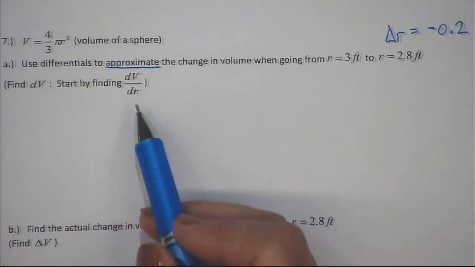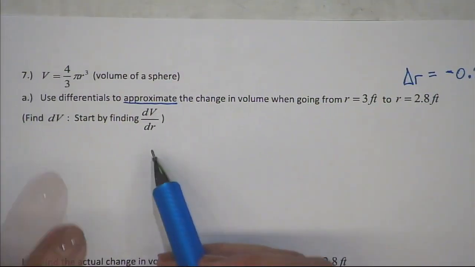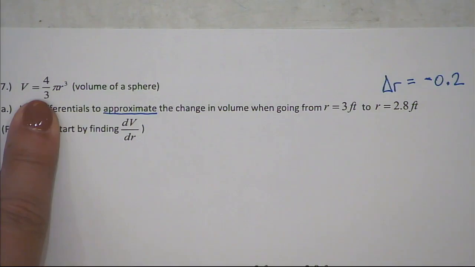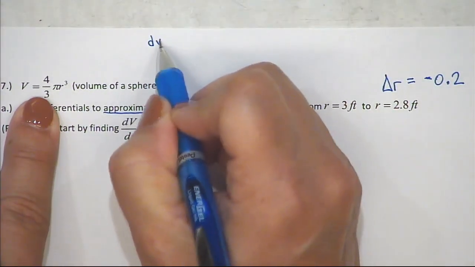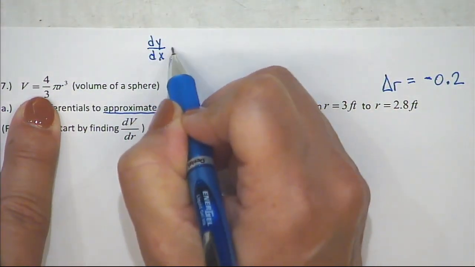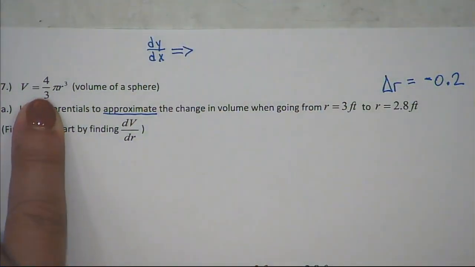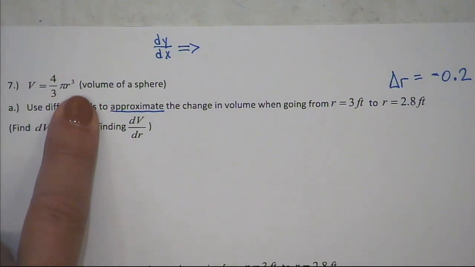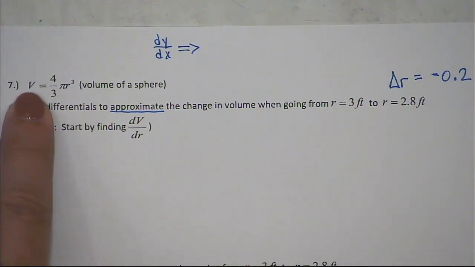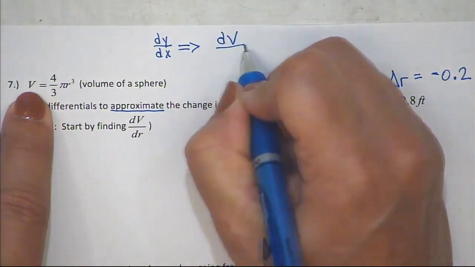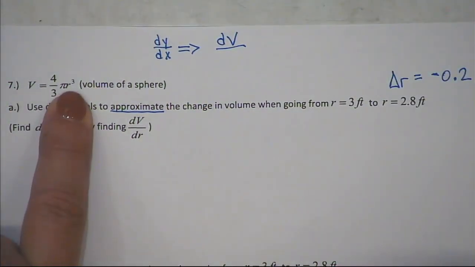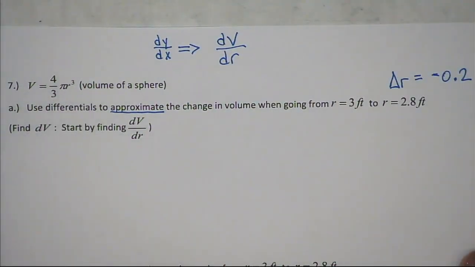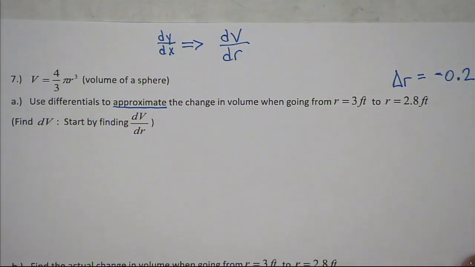And it tells you to start by finding dv dr. Just think about it, because for some of you this is still kind of crazy with the derivative notation. Typically we use dy dx, okay? But for this problem, think about it, it's always y equals and the x's are over here, right? So that means instead of dy, we're going to be doing dv, and instead of dx, we're doing dr. So our two variables in this problem are v and r, not x and y.